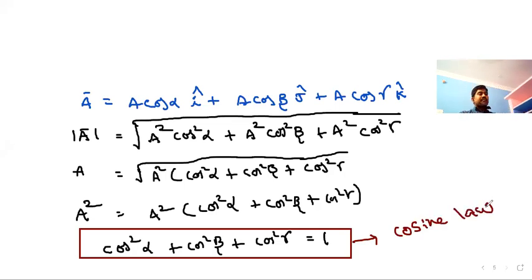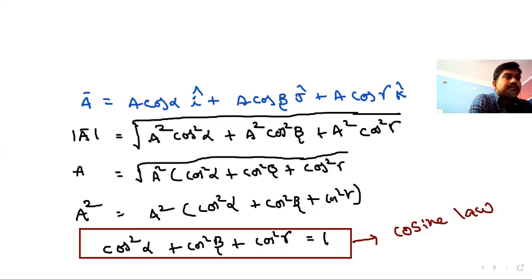According to the cosine law, if a vector makes an angle alpha with the x-axis, beta with the y-axis, gamma with the z-axis, then directly you can write cos square alpha plus cos square beta plus cos square gamma is equal to 1. If in the question they give alpha and beta values and ask us to calculate the gamma value, then directly you can use this relation. It is a very important equation to solve some problems.